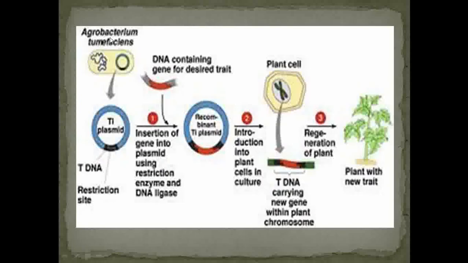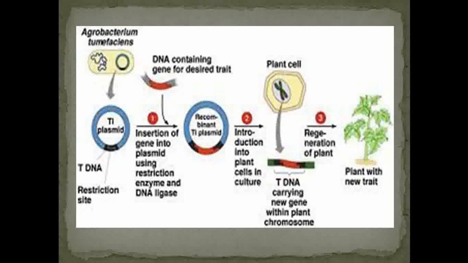Then the next one is Agrobacterium tumefaciens. Whenever we are interested in preparing genetically modified plants, we use Agrobacterium tumefaciens. The plasmid present in the Agrobacterium we call the Ti plasmid. It has the specific property that it causes tumors in plants.